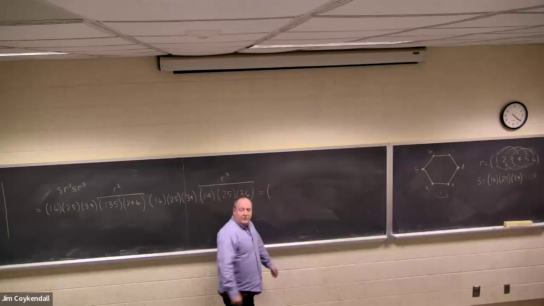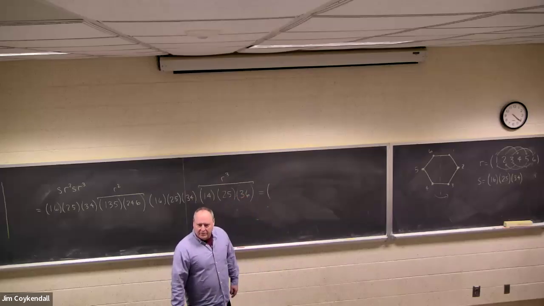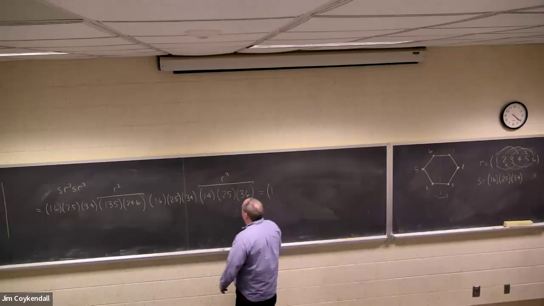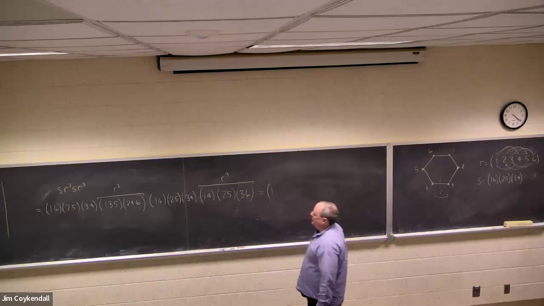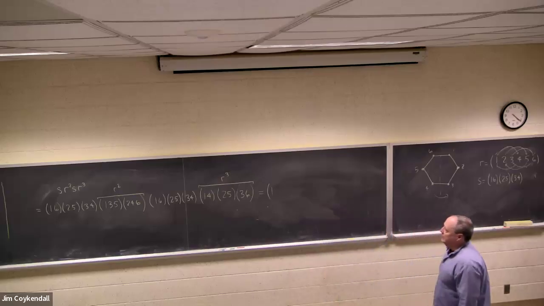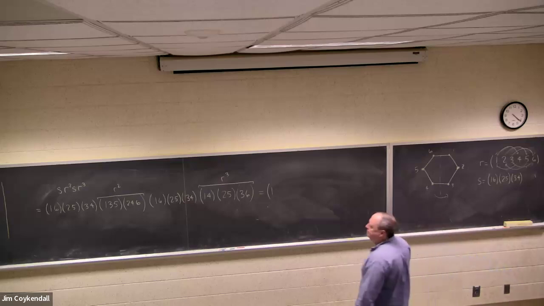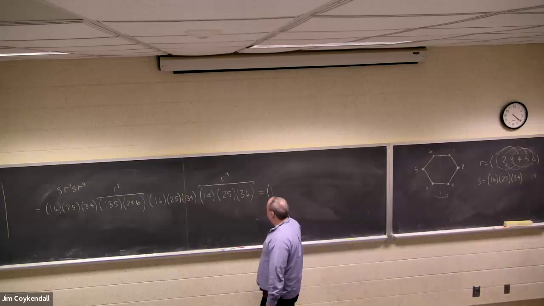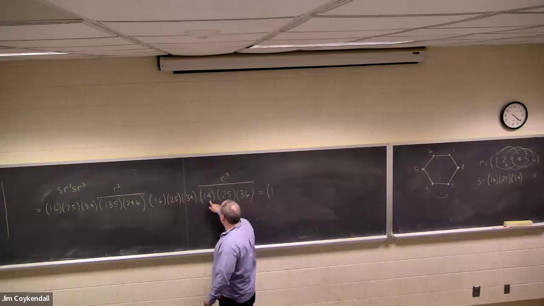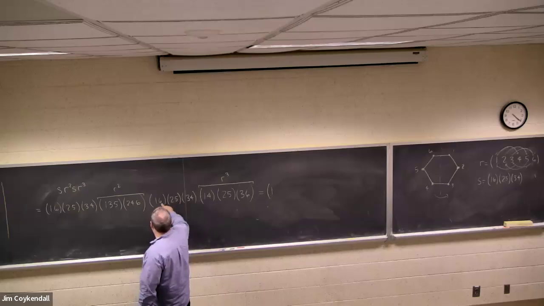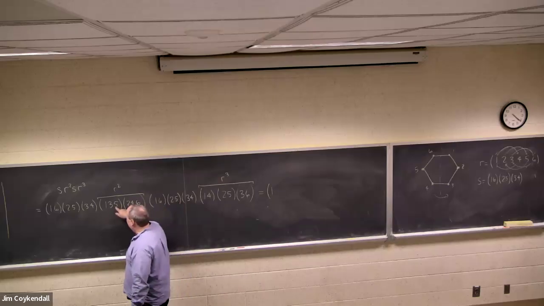So what does this do? What is this at the end of the day? Well, this is more practice. Where does 1 go when it does these things here? Let's do it. 1 goes to 4, then to 3, then to 5, and then to 2.